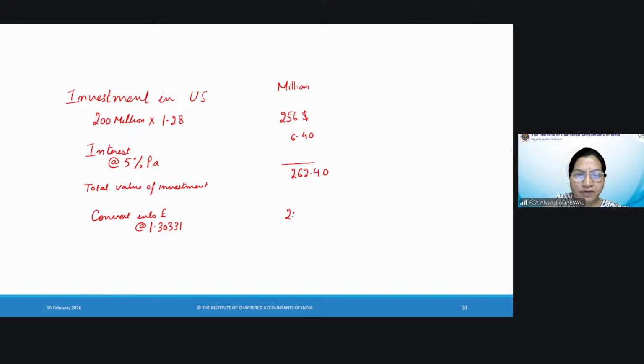So you end up having 201.3335 rounded off till 4 decimals. So net gain is 1.3335 million pounds.